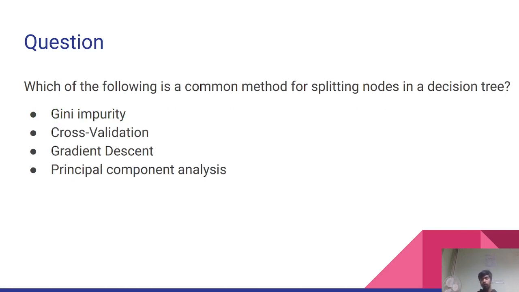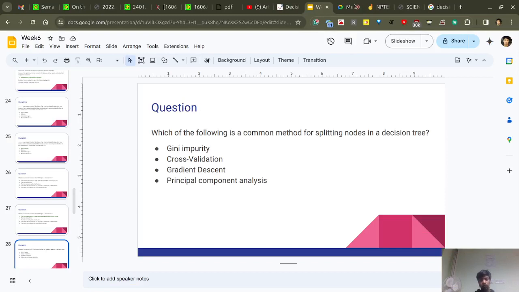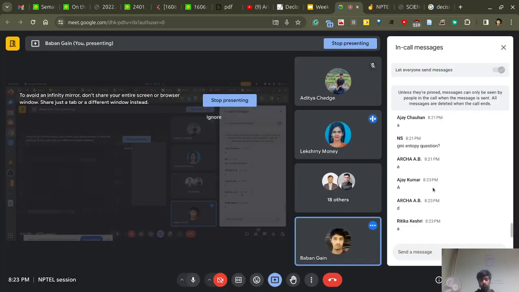Whenever we are splitting the nodes, deciding to create branches, what do we base it on? Cross validation?